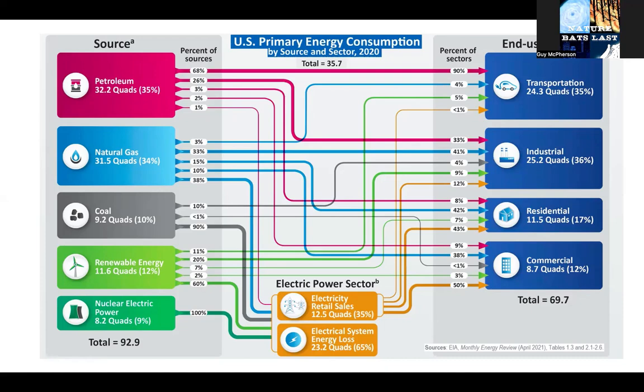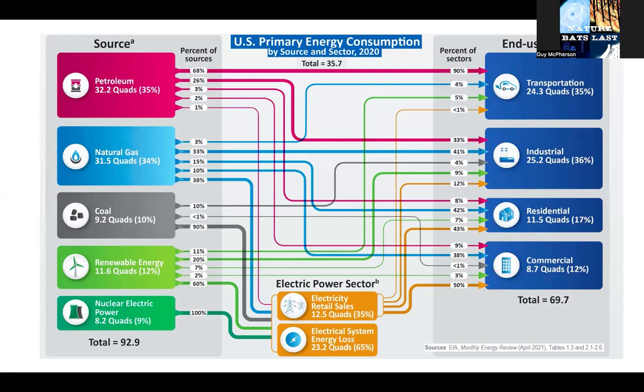That's an enormous number. The energy loss of 65% is astonishing. And I wonder if quads stands for quadrillion barrels. Do you know? Again, the electrical system energy loss, 65% represents loss from the system, is an amazing number.